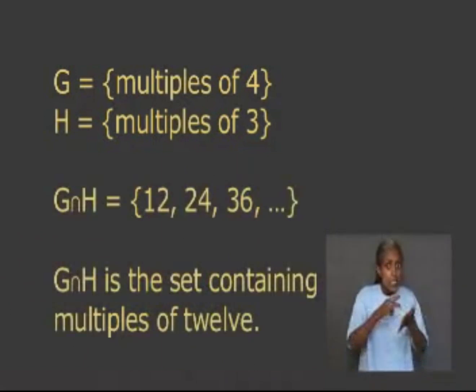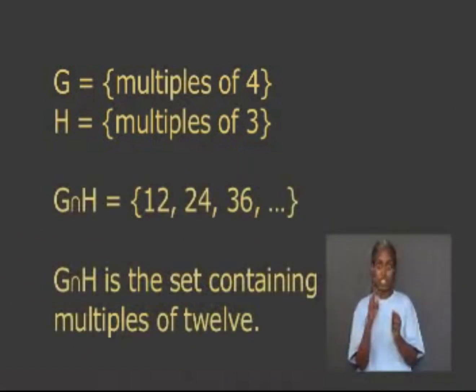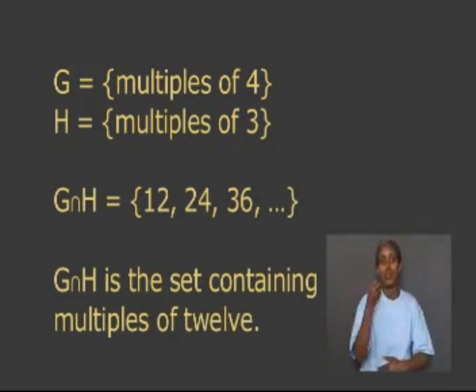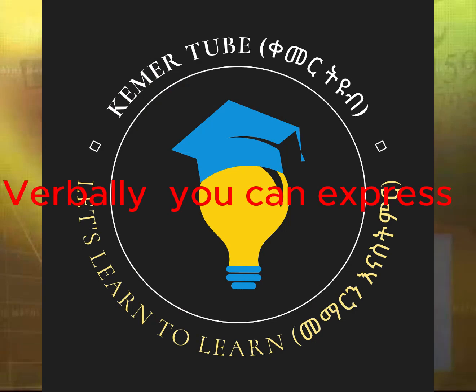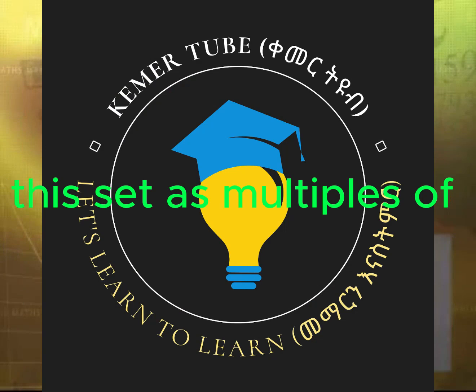This means that G intersection H is the set containing 12, 24, 36, and so on. Verbally, you can express this set as multiples of 12.